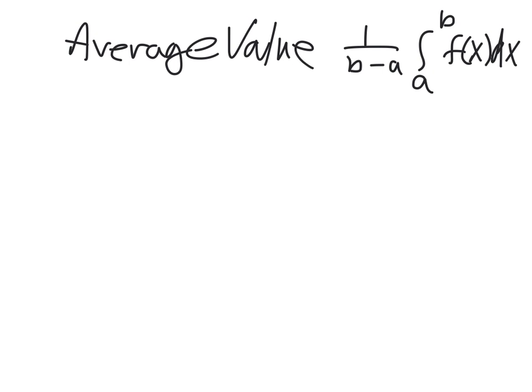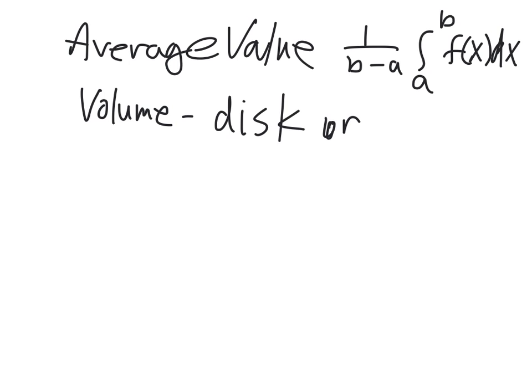Then we looked at several ways to calculate the volume. A surface of revolution. Take a curve, revolve it about x-axis, y-axis, x equals 3, y equals -2, something like that. And calculating the volume, you can either use the disk method, or the shell method.